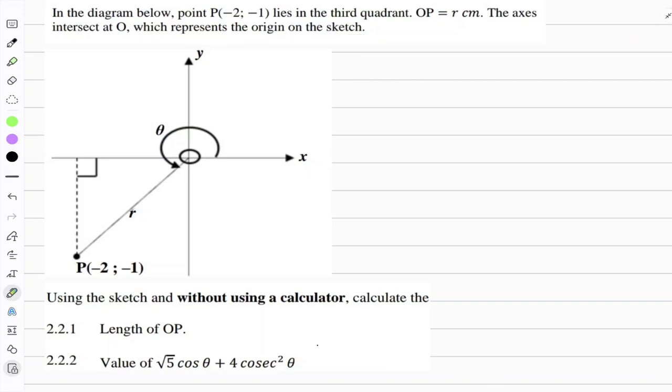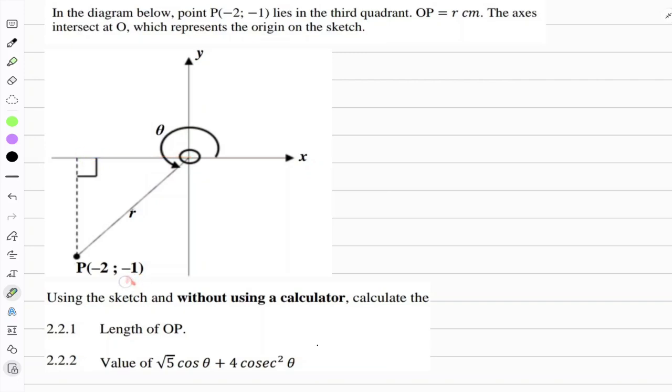So when analyzing the given sketch, we can use this point P and its coordinates to define the sides of the triangle. The x-coordinate -2 simply means that point P is 2 units away from the origin on the negative x-axis.